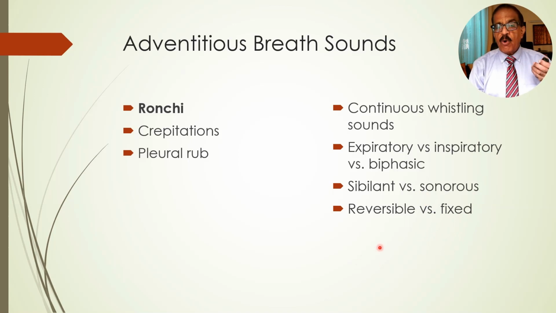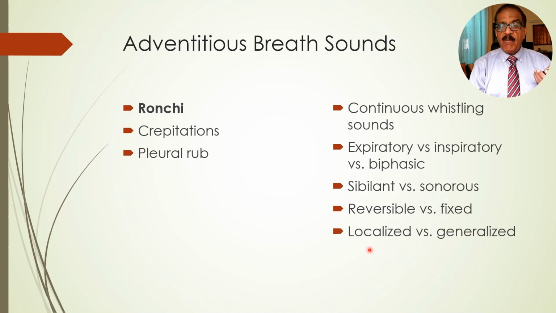If rhonchi are present in a localized area, there may be some problem there like a mucus plug or foreign body or a tumor, but mostly they are generalized. So based on the presence of rhonchi, their character, whether they are sibilant or sonorous, localized or generalized, fixed or variable, you can make a reasonably accurate diagnosis of a respiratory disorder if you know this skill.